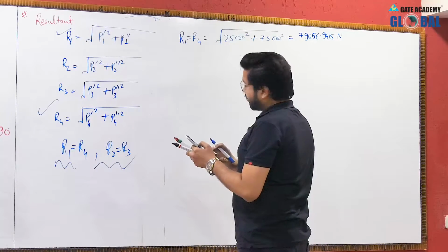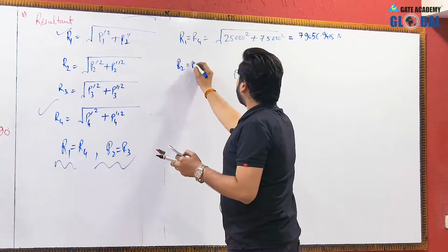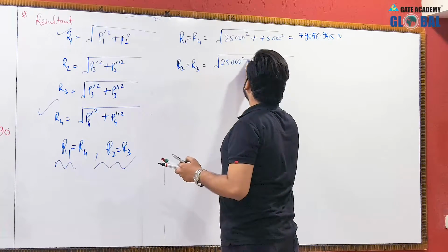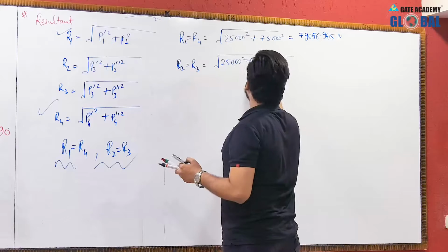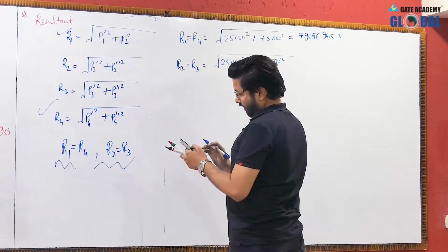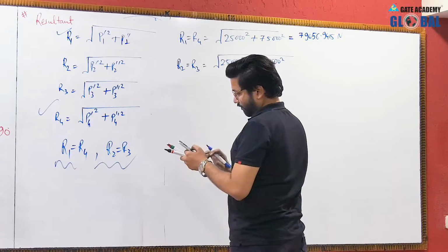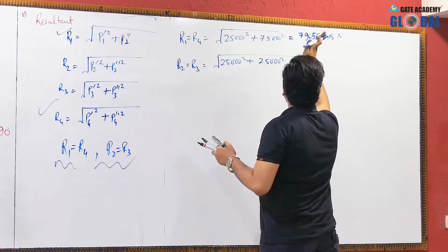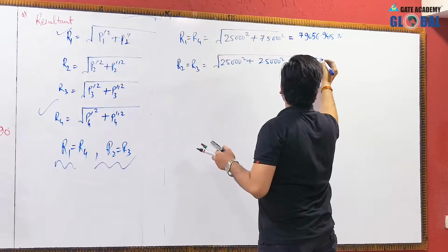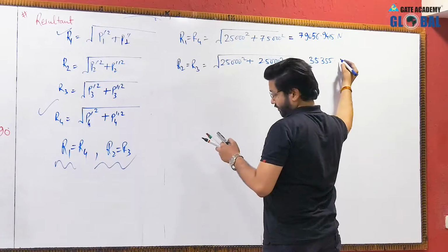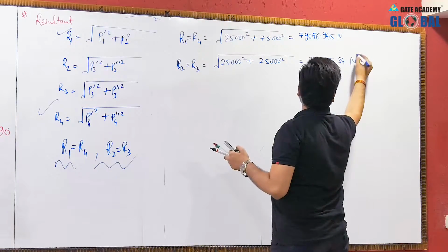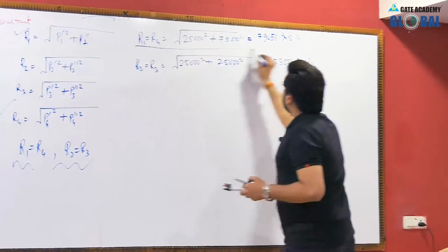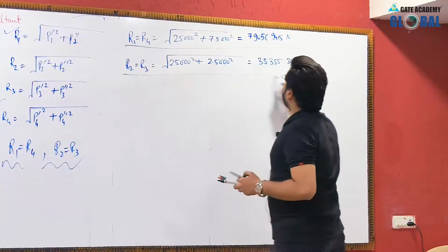R2 and R3 will be root over 25,000 square plus 25,000 square, which comes out to be 35355.34 Newton. Now it is very clear from the solution that R1 and R4 are higher than R2 and R3.